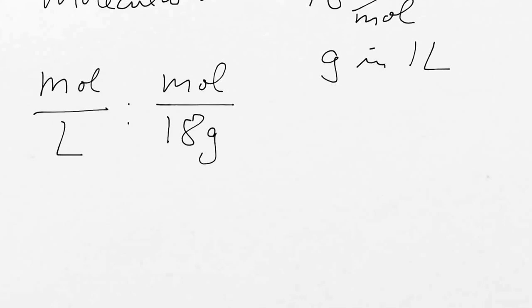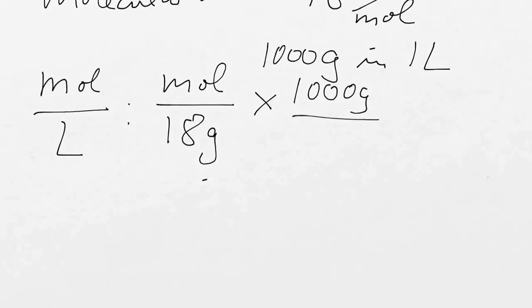1,000. So we have 1,000 grams, because 1 liter weighs 1 kilogram, which is 1,000 grams. We want to get rid of the grams, so we have 1,000 grams in 1 liter. What happens to the grams? Hasta la vista.